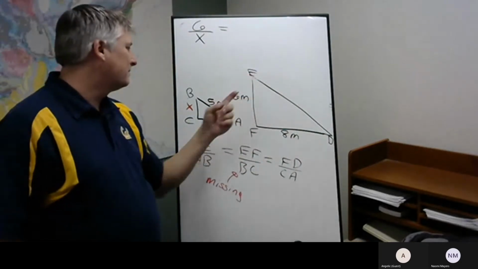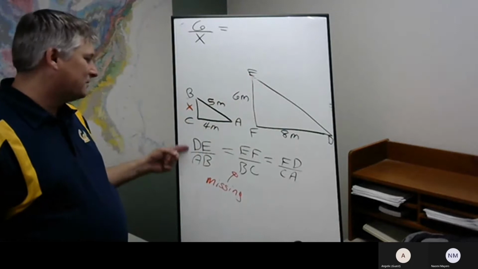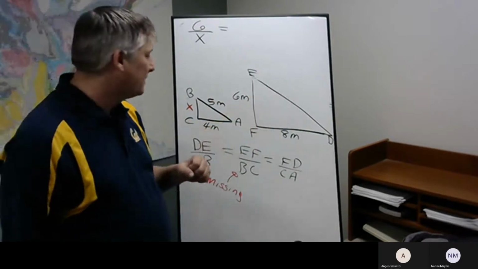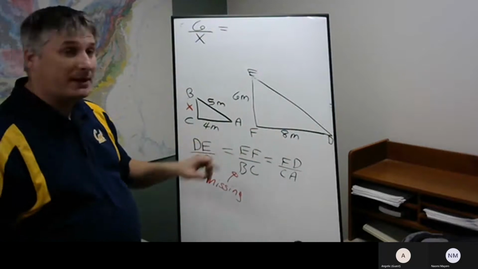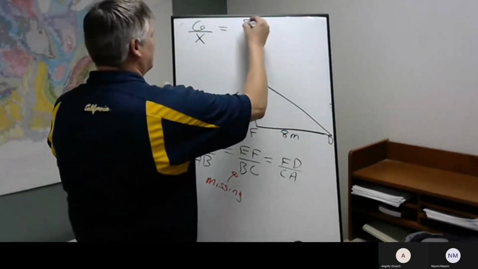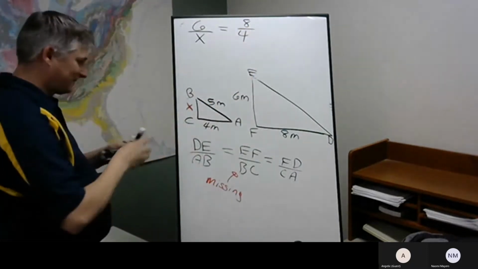So DE and then the other incline, this isn't going to do us any good. The ratio of inclines won't help because we're missing this. But we could use the ratio of the bases. So FD is 8. CA is 4.